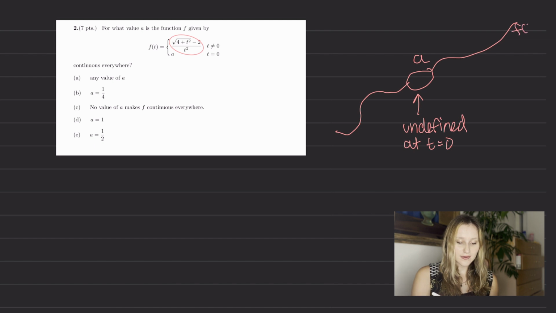We want this to be a, where this function is f of t. So what do we want to do? We want to find a, which is the limit as t approaches 0 of f of t. Let's do green.